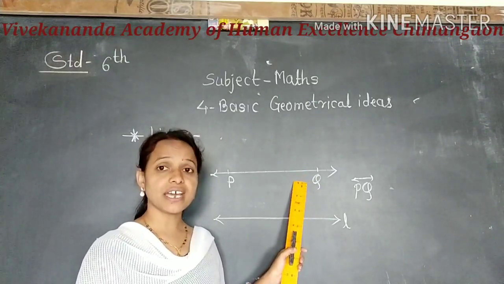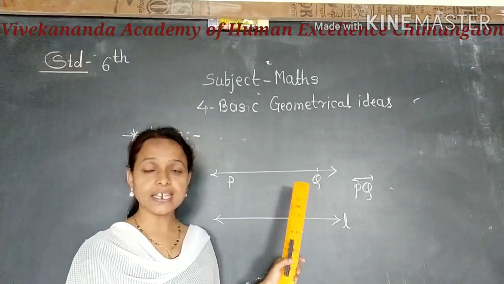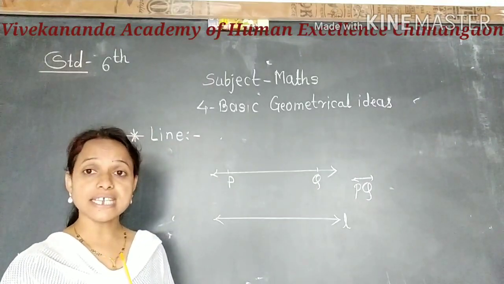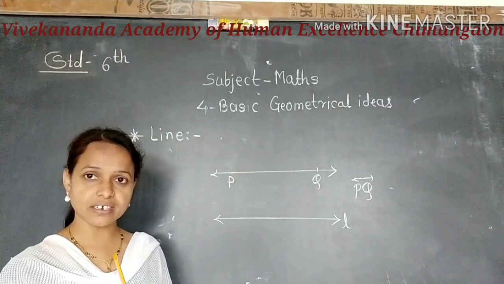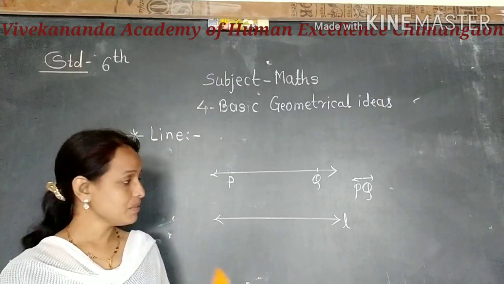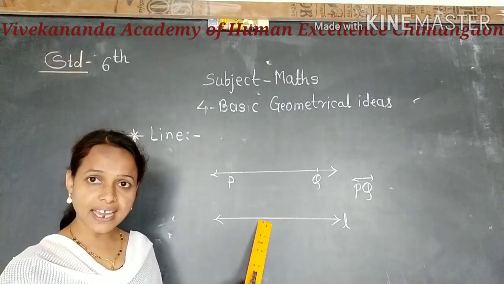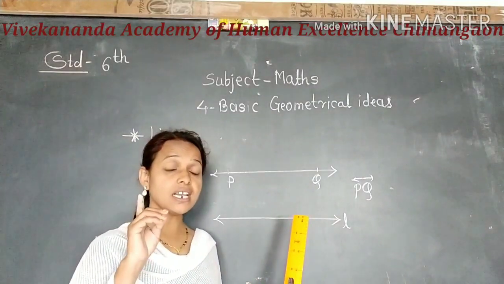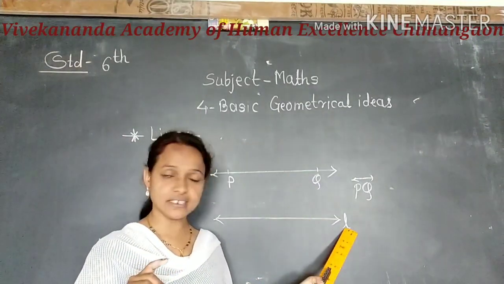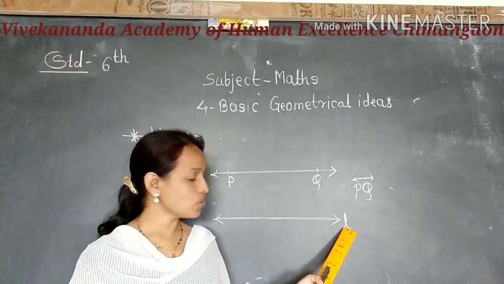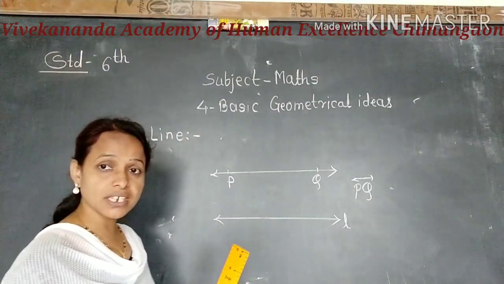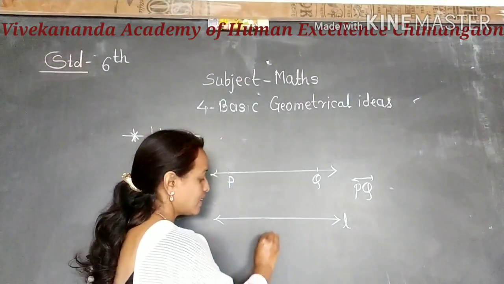Also we can denote a line by using an English small letter a to z. That means we can denote a line by using a single English small letter. Here we denote the line by using the English small letter l.